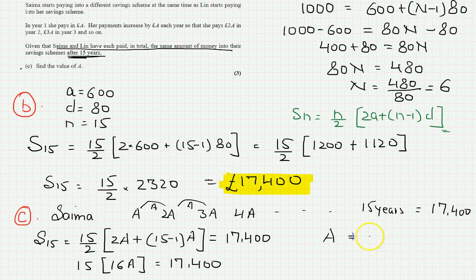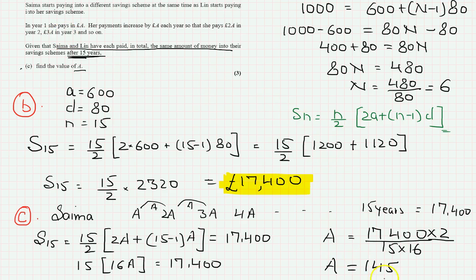So A will be 17,400 over 15 multiplied by 16, and we have this 2 also, we multiplied by 2. So A is 145. So we find the value of A.